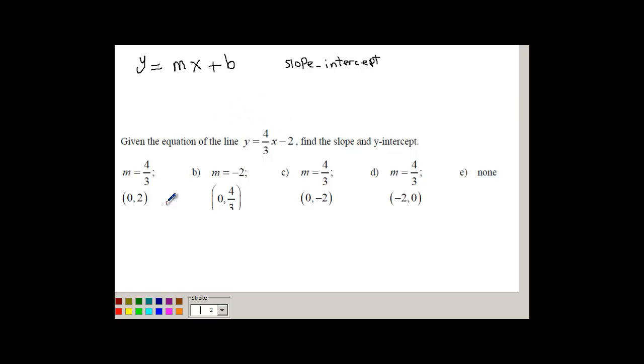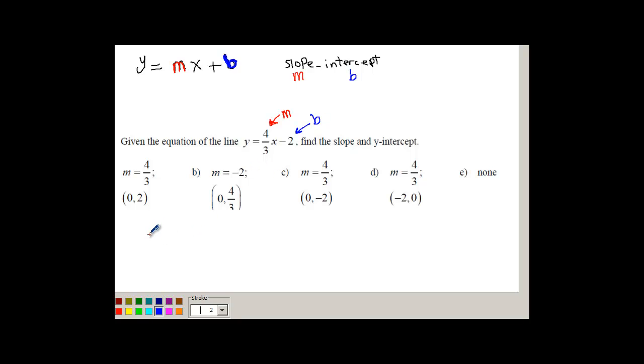Your m, or the slope, is the coefficient of x in this case. This is your m. And your y-intercept is this constant here, this number here. That would be where your line is going to intercept the y-axis. That's b.